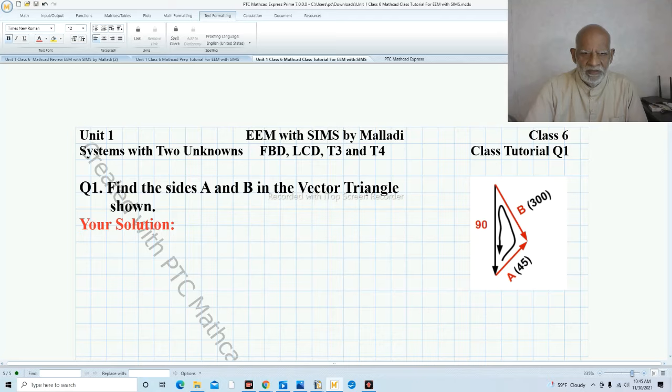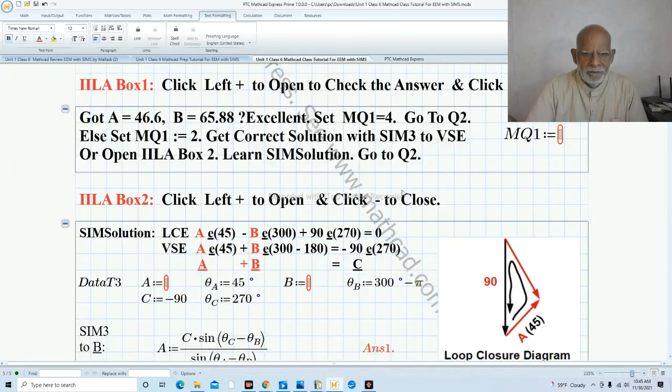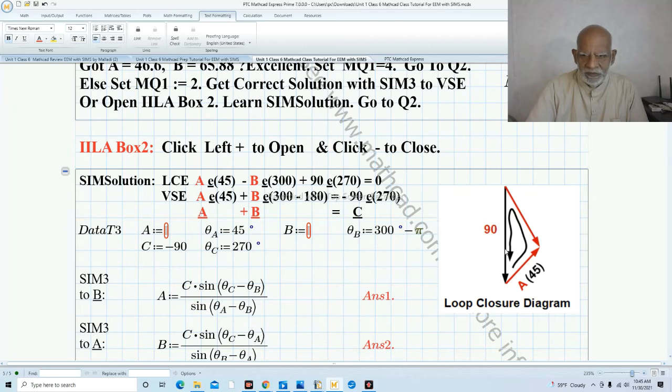That means a vector triangle is shown, all the angles are known, and we are trying to find out the magnitudes. Okay, let's go to the solution right away. Again we start from somewhere, so let us start from here, A, then B, which is not shown here clearly, and then C. Then VA, and since we are going against it, we made it positive here and rearranged it like this.